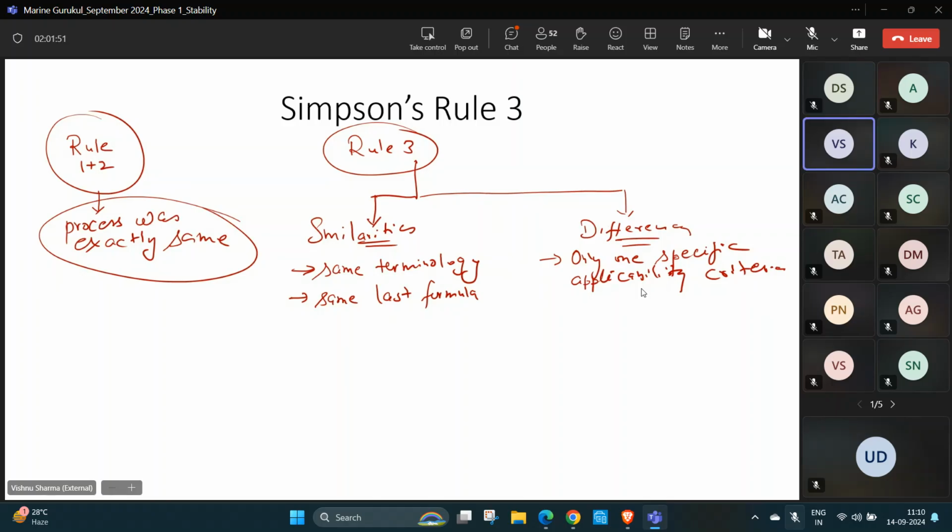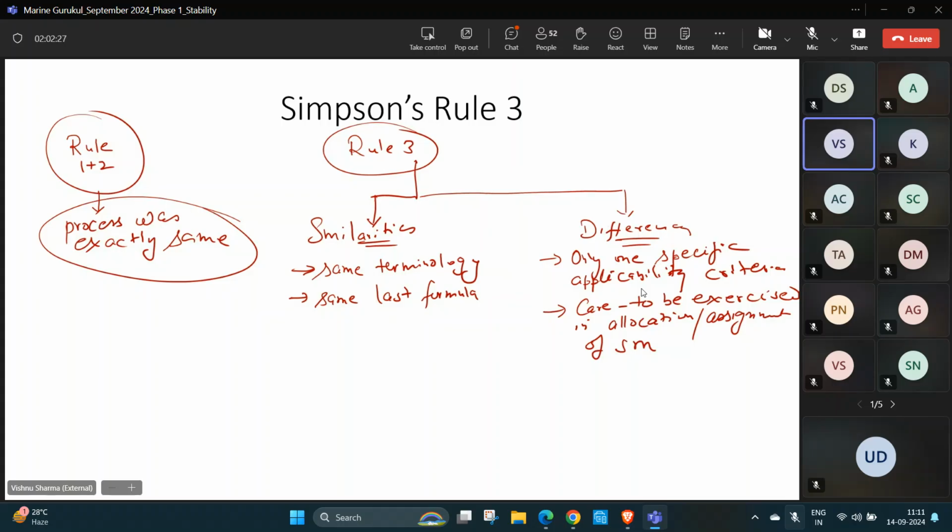Secondly, what is very important here is the care to be exercised in allocation of Simpson's multipliers. You cannot be as free as in rules 1 and 2. You need to be very, very careful. You can't randomly apply them. We'll discuss how to allocate them.